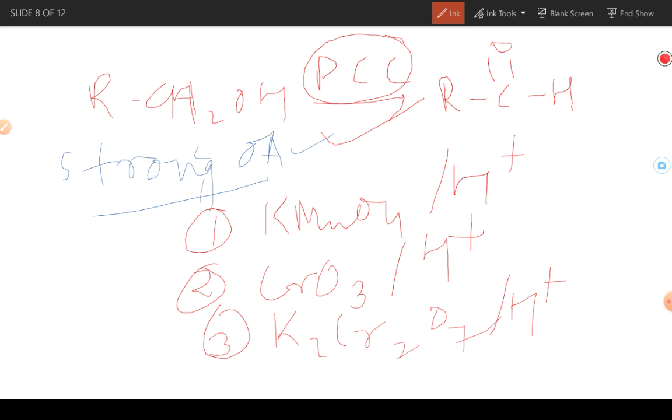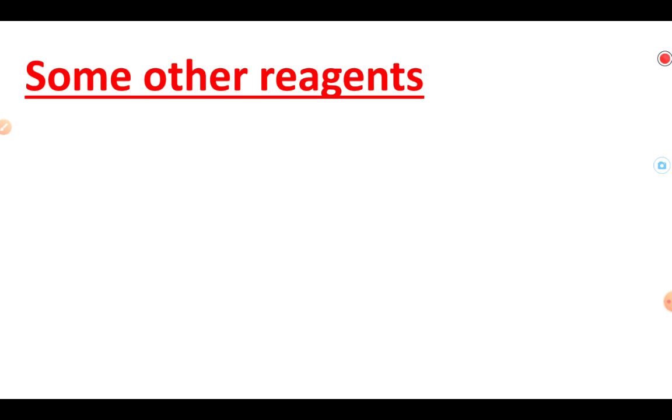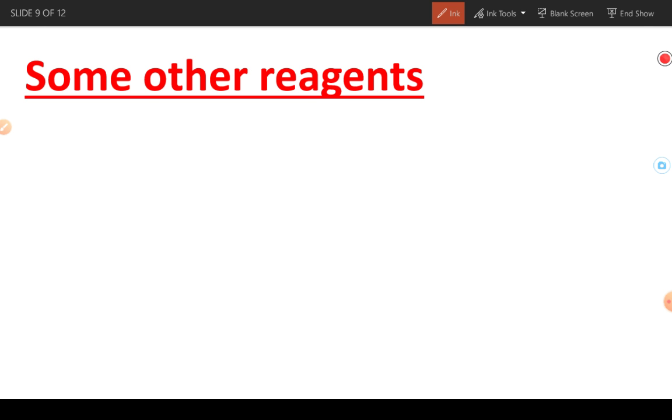This is all about your oxidizing agent and reducing agent. Now we are going to see some different reagents like Lindlar's reagent. Lindlar's reagent is very very important. We are going to see in the next page some other reagents we are going to read, and the first one will be your Lindlar's reagent.